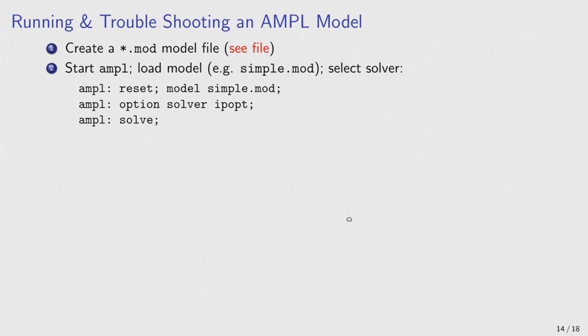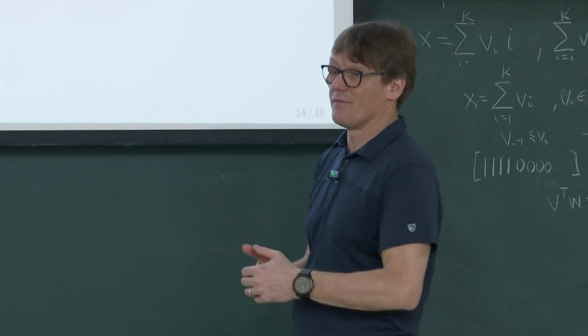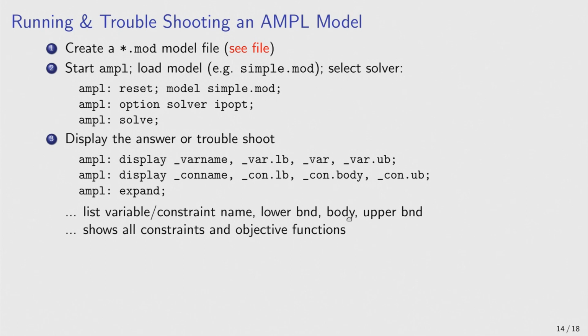And then when you do that, I'm not going to show you what happens. A good thing to do then is it solves, it gives you some response, what the solver did. And then you can do something. This is a useful command: display the name of the variable, its lower bound, its value, and its upper bound.